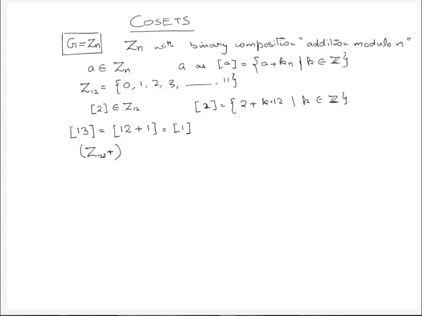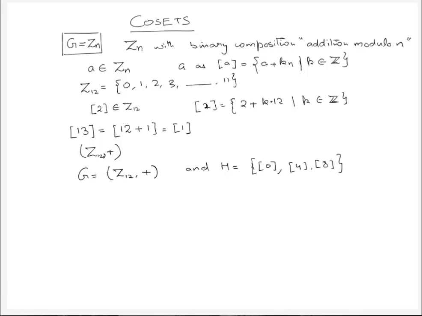Now let us see what the cosets of this Z12 will be. Let G be a group defined as Z12 with binary composition addition modulo 12, and let H be a subgroup of G written as {0, 4, 8}.